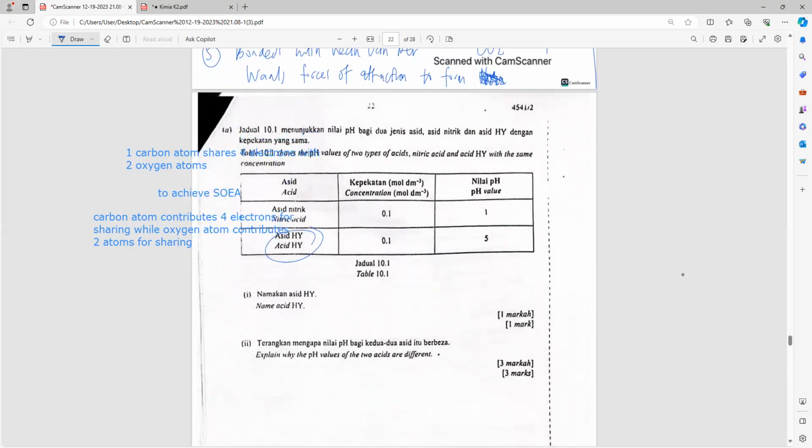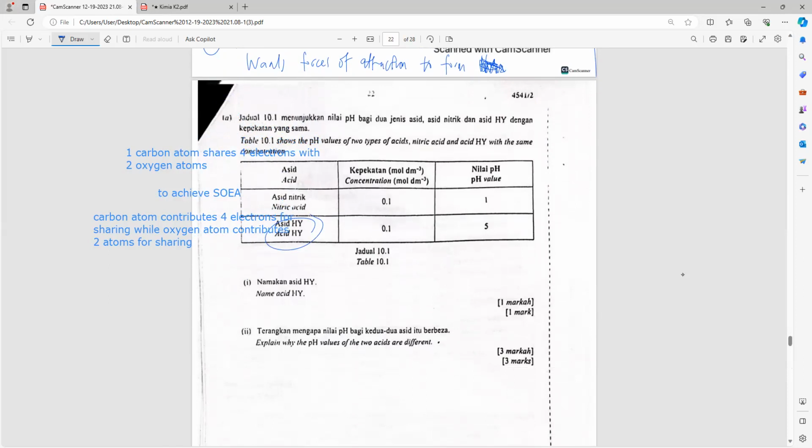What do you think acid HY will be? What is acid HY? It has a pH of 5. What is pH? Yes, correct. It's ethanoic acid, because it is a weak acid.